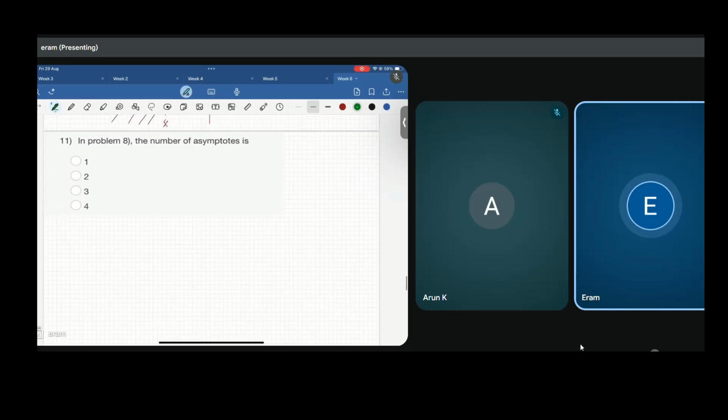For the previous question, what will be the number of asymptotes?